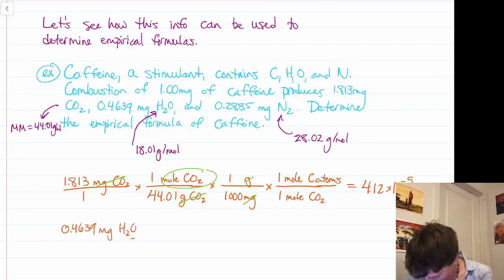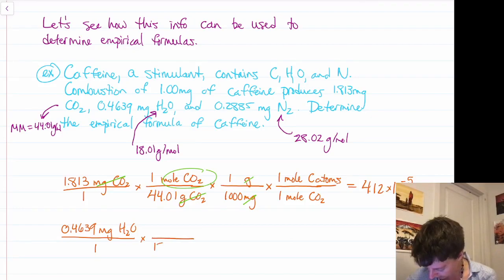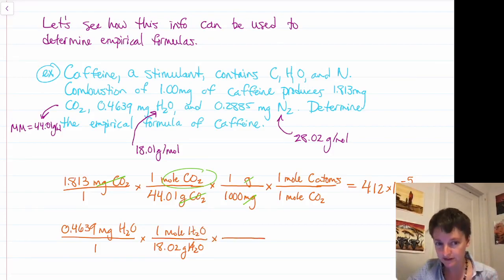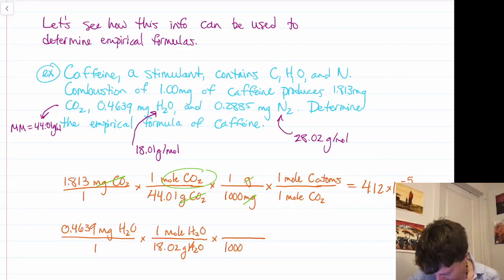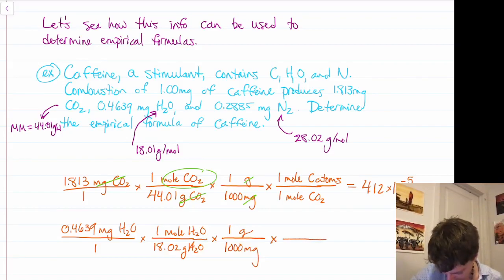So starting with milligrams of water, I'm going to first convert grams to moles. Next, I'm going to remind myself to do a milligrams to grams conversion. Some of you may have done this step first, and that's totally fine.